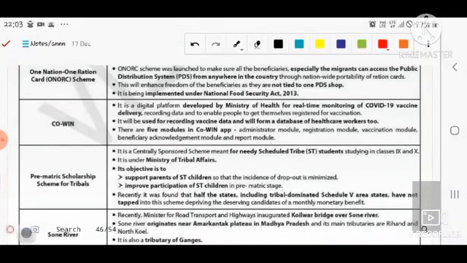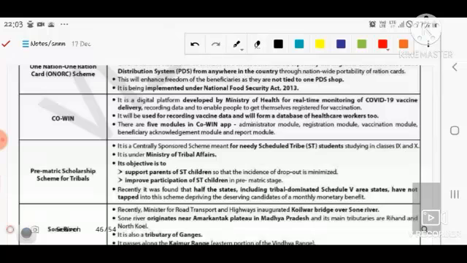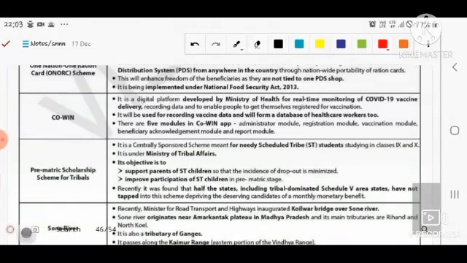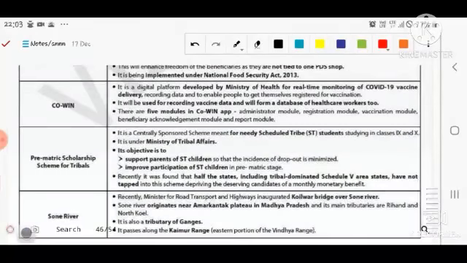Pre-matric scholarship scheme for tribals. It is a centrally sponsored scheme meant for needy Scheduled Tribe students studying in classes 9th and 10th. It is under MoTA, Ministry of Tribal Affairs. The objective is to support parents of the children so that the incidence of dropout is minimized and participation of ST students is improved at the pre-matric stage. So by this I am ending the session. Thank you.